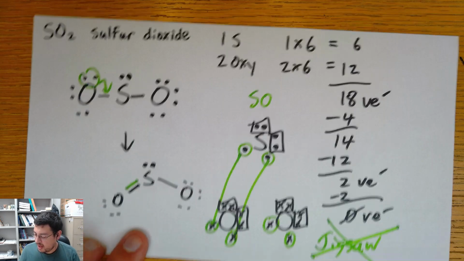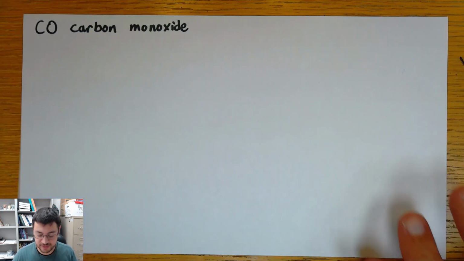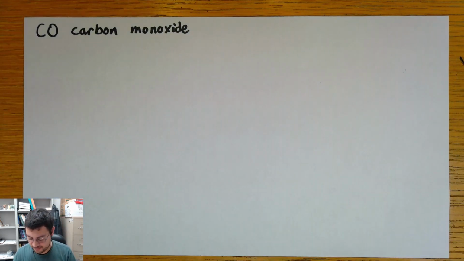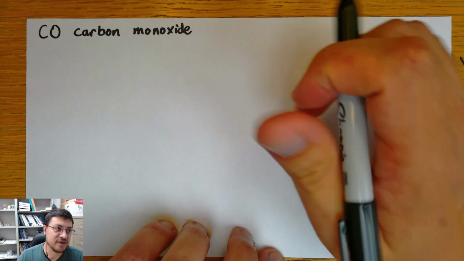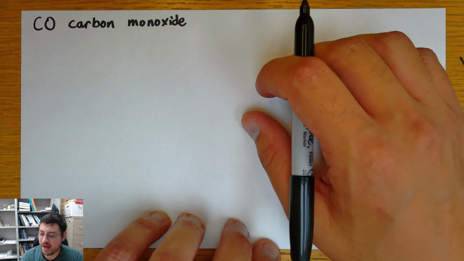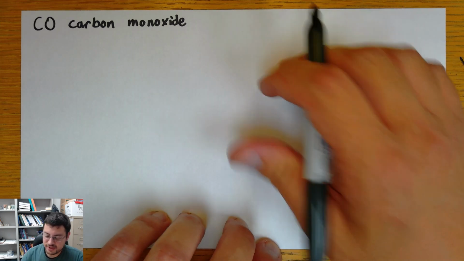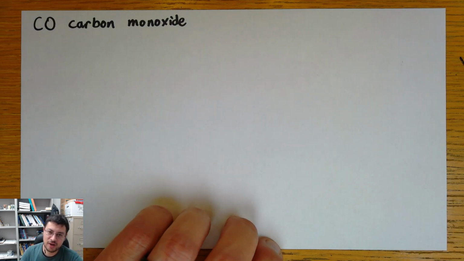All right, I got one more example for your consideration, and that's going to be carbon monoxide. This will be our last structure for this video. All right, so carbon monoxide is going to be interesting. We've seen carbon always with 4 bonds, and that's such a constant thing seen in chemistry that you can almost consider that a law, almost.